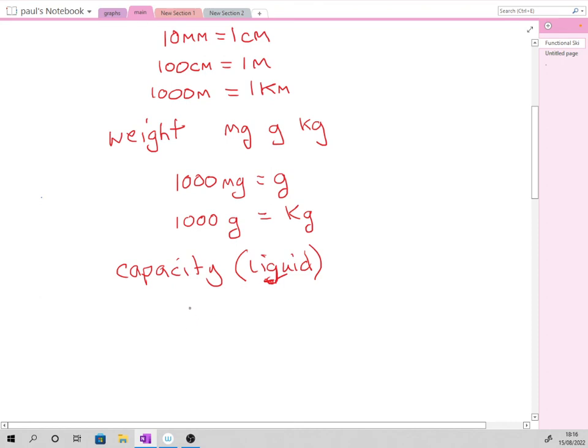So we've got 1,000 milliliters, just like 1,000 milligrams, equals 1 litre. There's also 100 centiliters equals a litre. So we would get that 10 millilitres equals a centilitre from that.